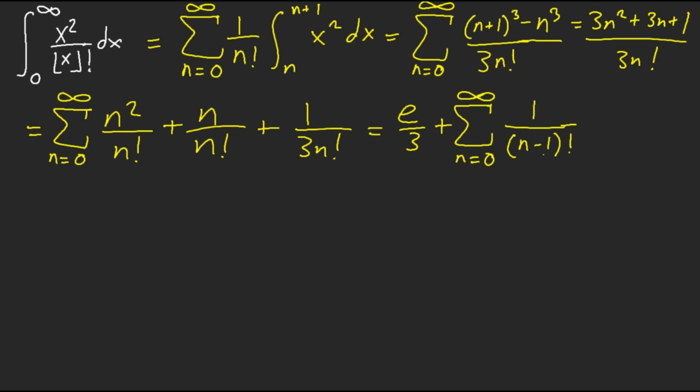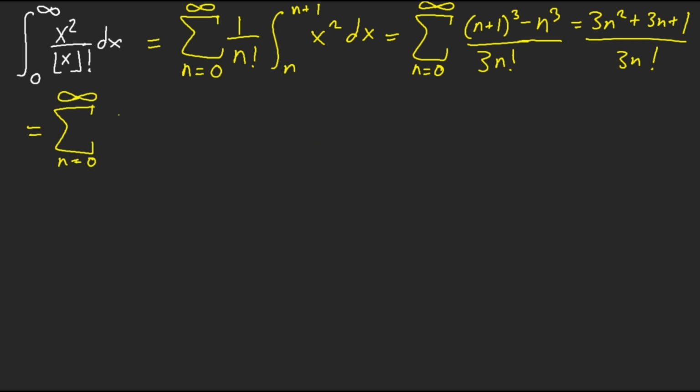If I plug in 0, I get negative 1 factorial. Oh no. Okay, so we stumbled across something bad. We'll keep these together, while we have plus 1 over, or technically, e over 3.